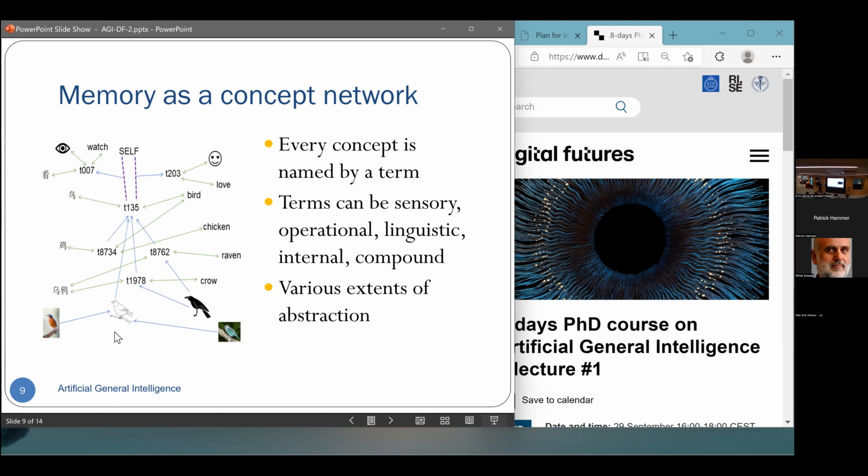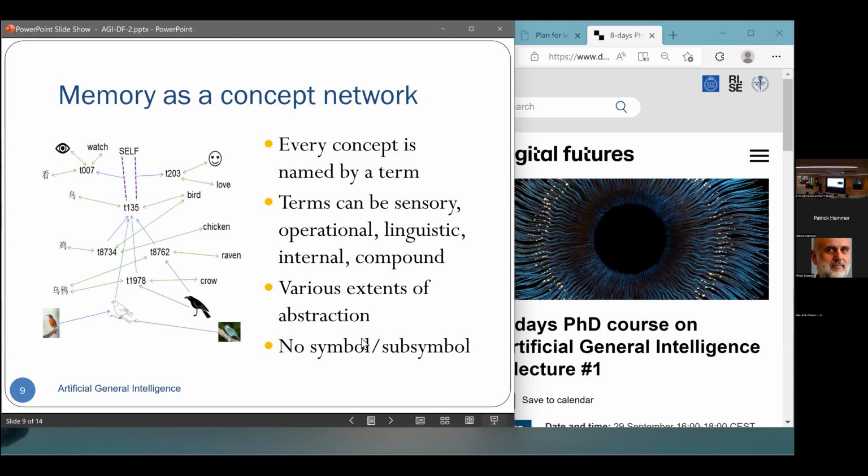So the difference is here: everything starts from experience, but all of them are abstractions. It's just a different degree. You can see according to my drawing, experience is below everything. Then when you're moving up, you become more and more abstract.